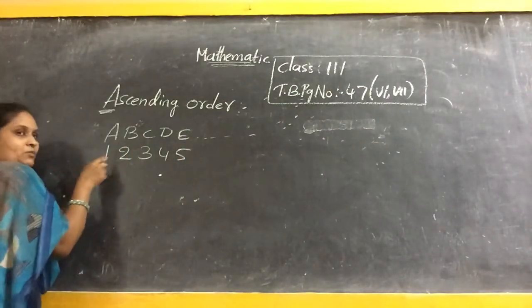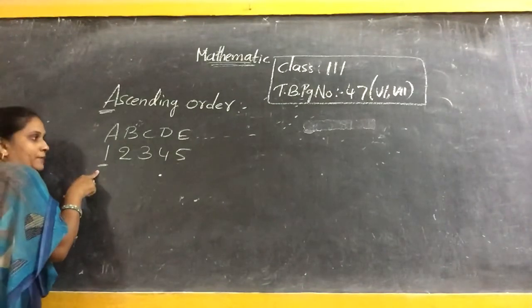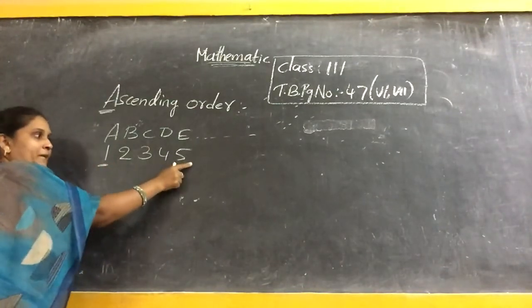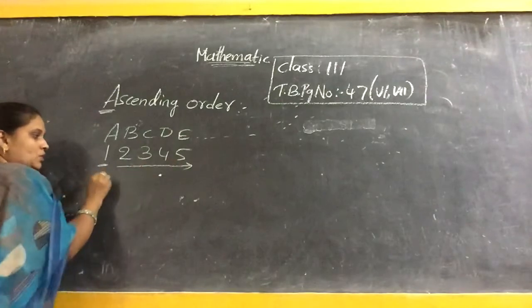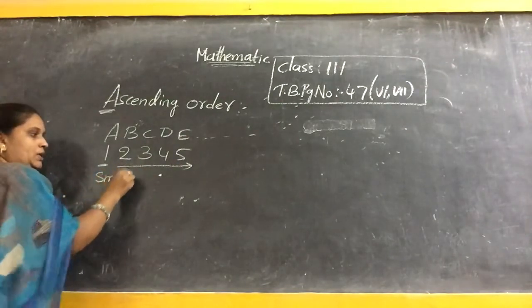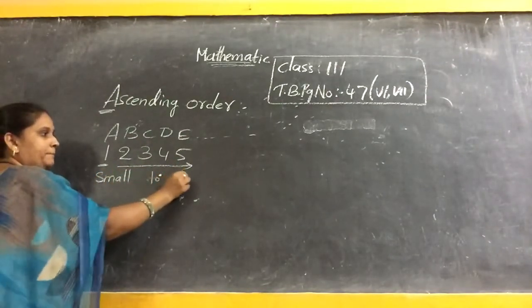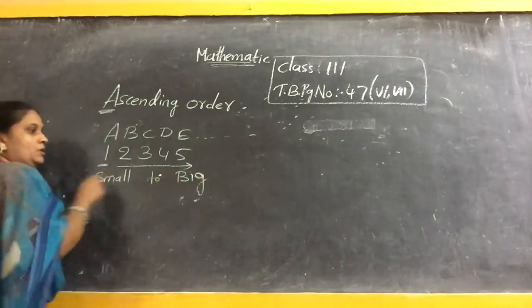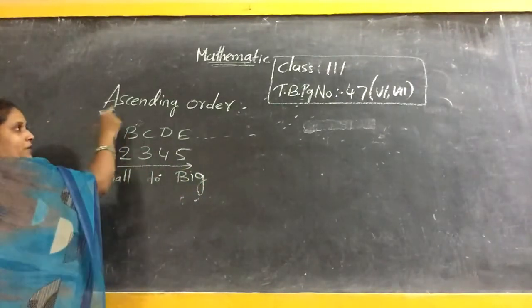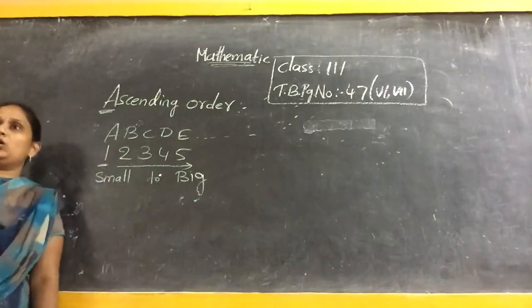So first what number did we write here? Small number. Then we are writing big numbers. So small to big. Small to big number will be called ascending order.